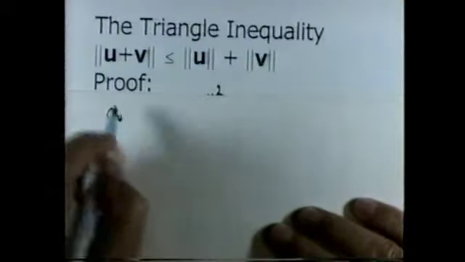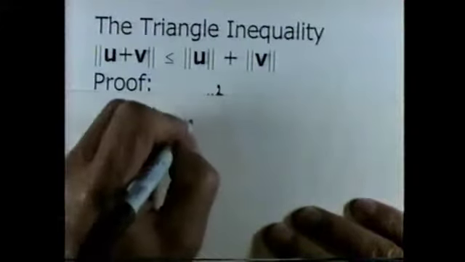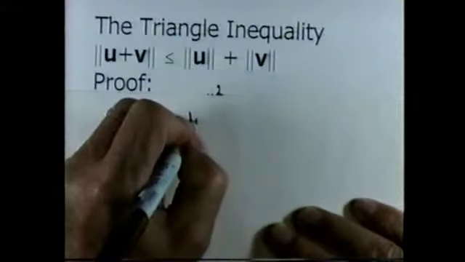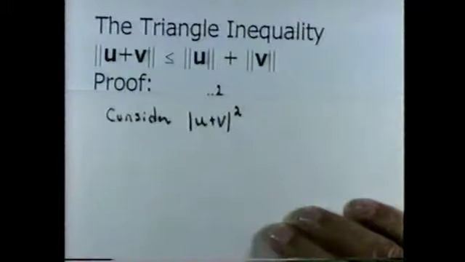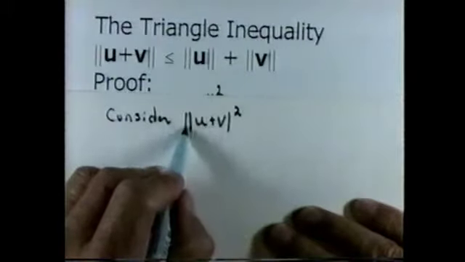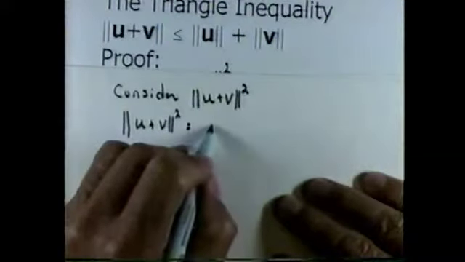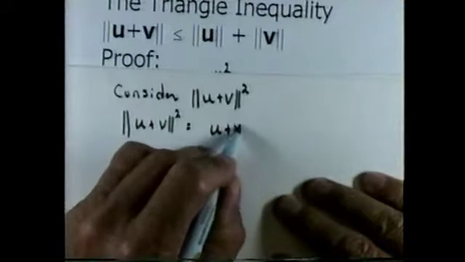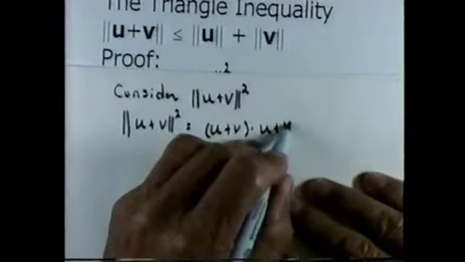Let's consider the magnitude of u plus v squared. The magnitude of u plus v squared is going to be (u plus v) dot (u plus v).